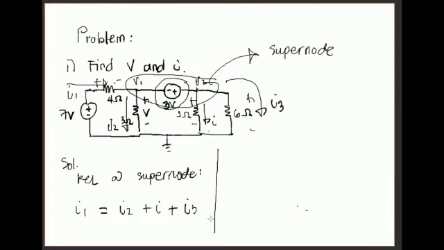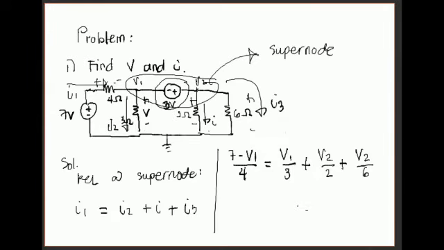So expounding each current, we have I1, which is equal to (7 minus V1) over 4, equals V1 over 3 for I2. Then for I, we have V2 over 2. Then for I3, we have V2 over 6.